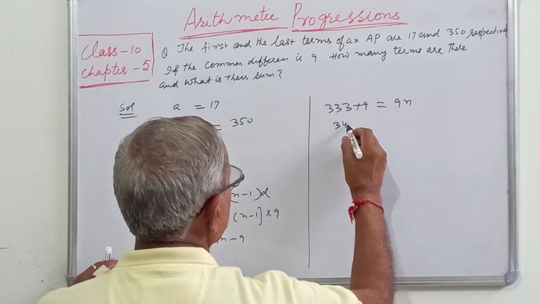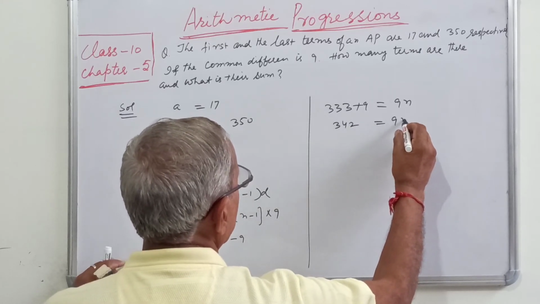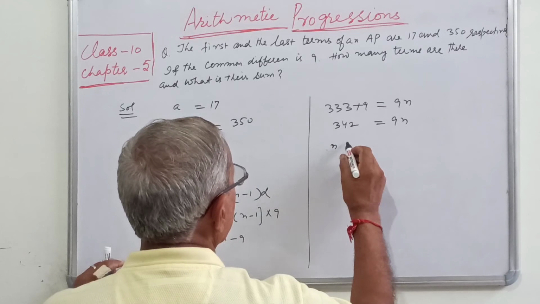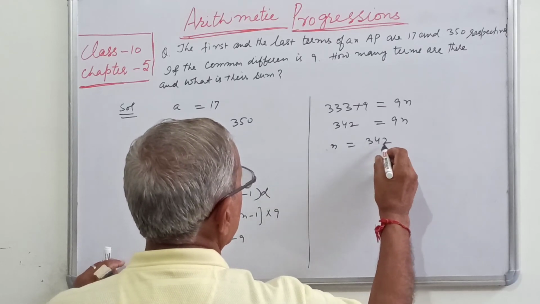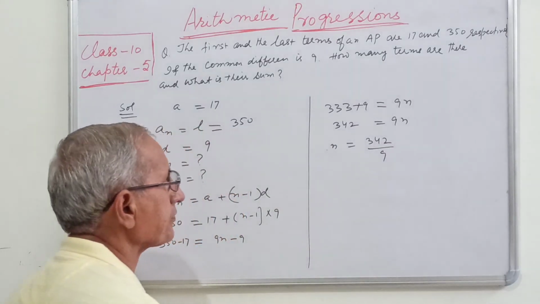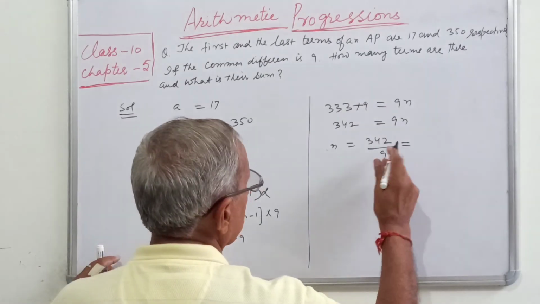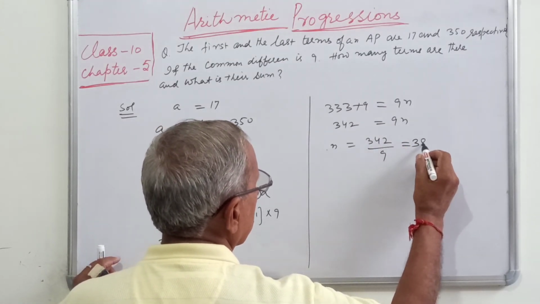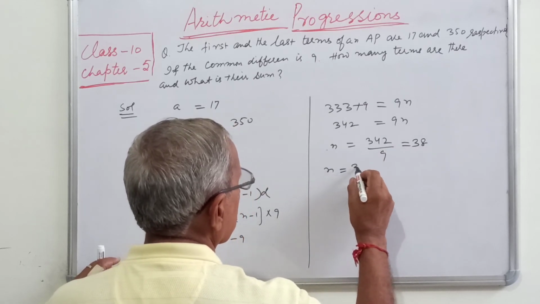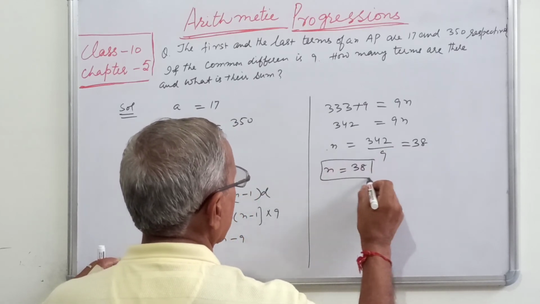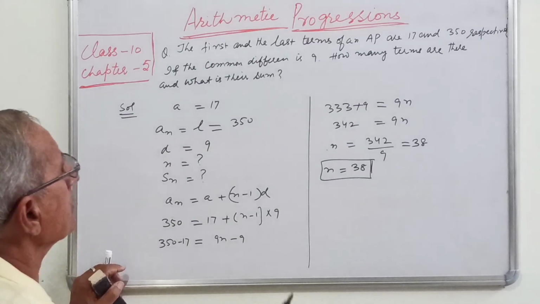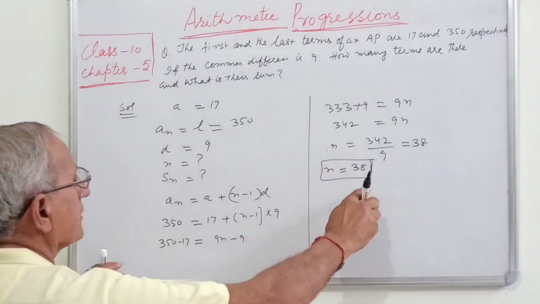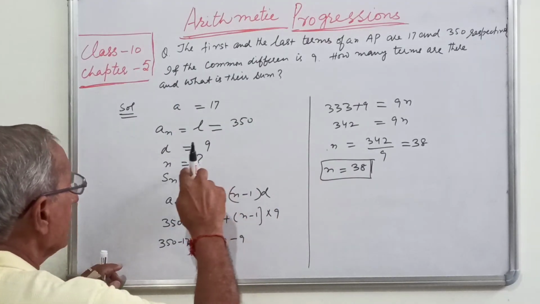So 342 is equal to 9N. So N will be 342 divided by 9. So 9 से डिवाइड किया तो आ गया 3 and 8. तो N is 38. The value of N is 38. How many terms are there? There are 38 terms. So value of N is 38.